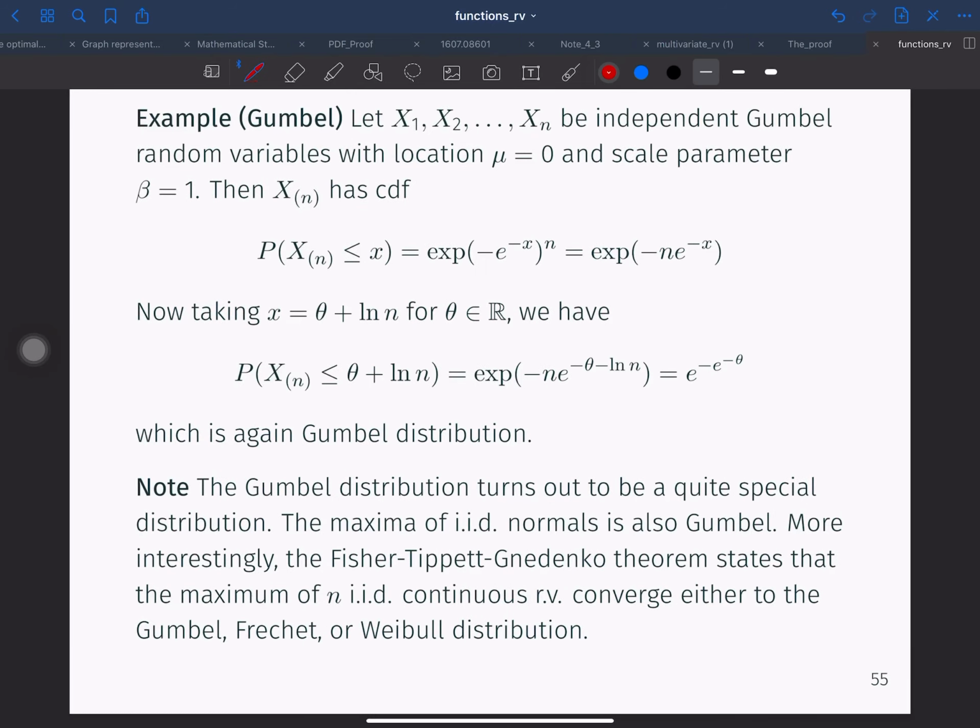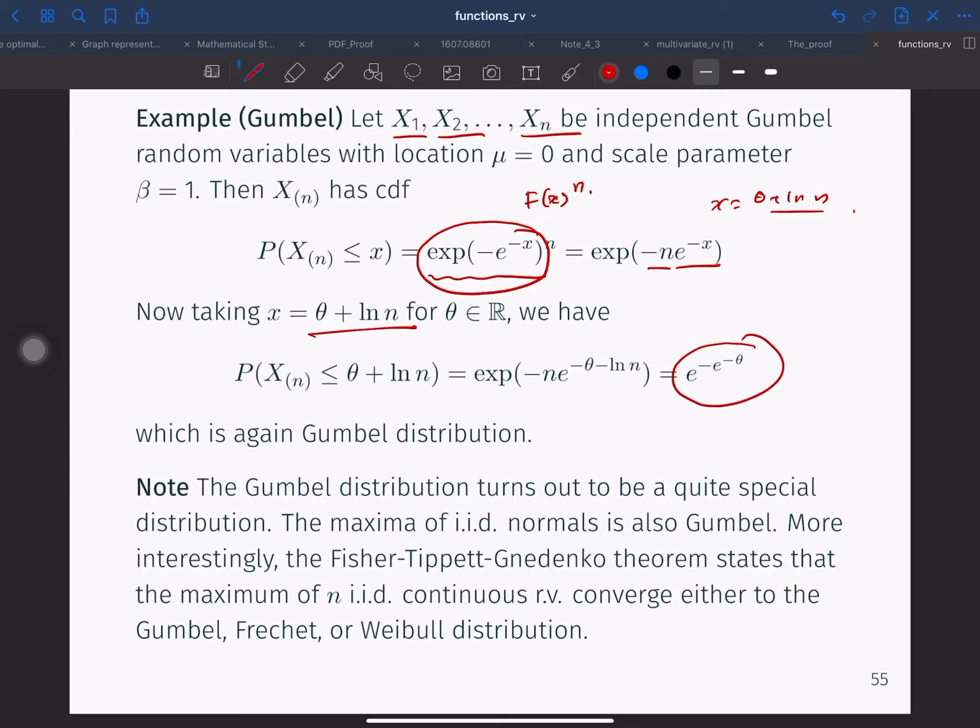Now suppose I start with independent Gumbels. Then what do I have? Well, once again, by the PDF, that's e^(-x) times the CDF F(x) to the power of n. So I could move the n out here, and if I let x be theta plus log n, then after some simplification, I still get back e^(-e^(-theta)), which is once again the Gumbel.